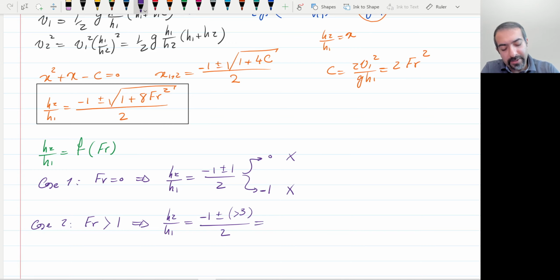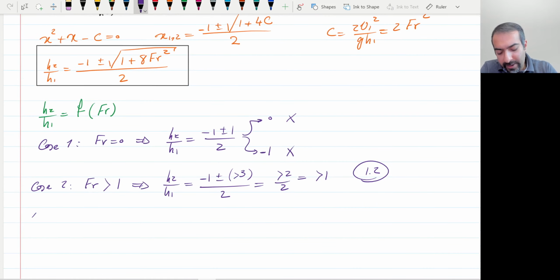So therefore, the -1 is, of course, again not acceptable, but the positive one is going to be something greater than 2 divided by 2. So that's going to give us a number that is greater than 1, like 1.2. So it basically says h2 is greater than h1.